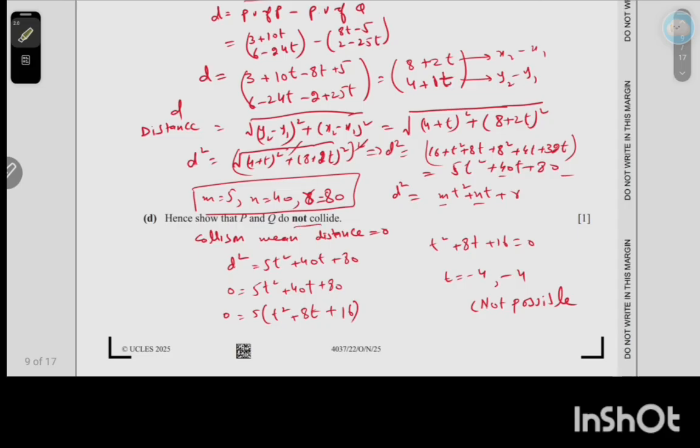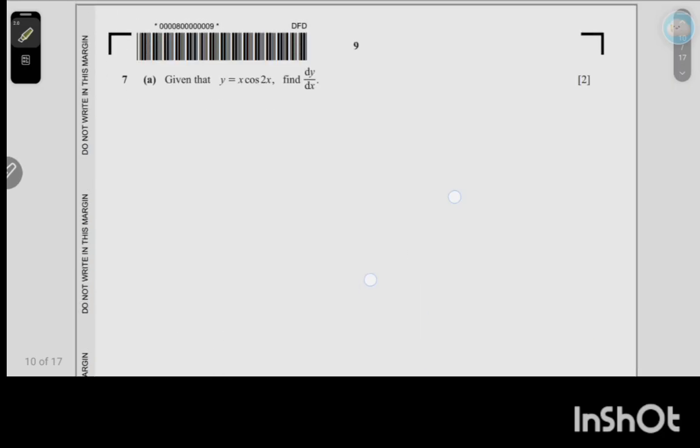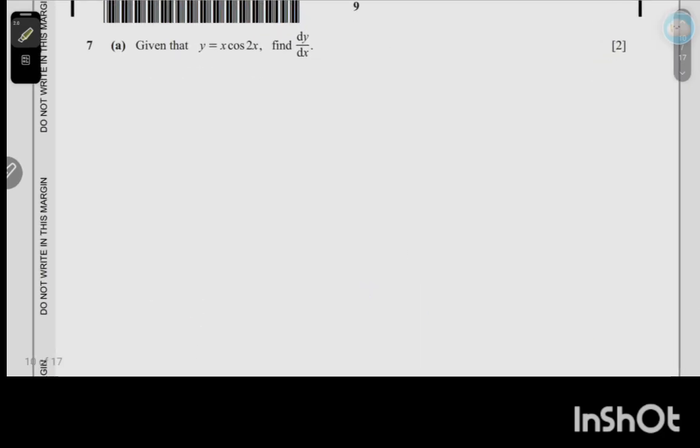Okay, next one is another interesting question about how to solve this one. Here, given y equals x cos of 2x, how do we apply it here?